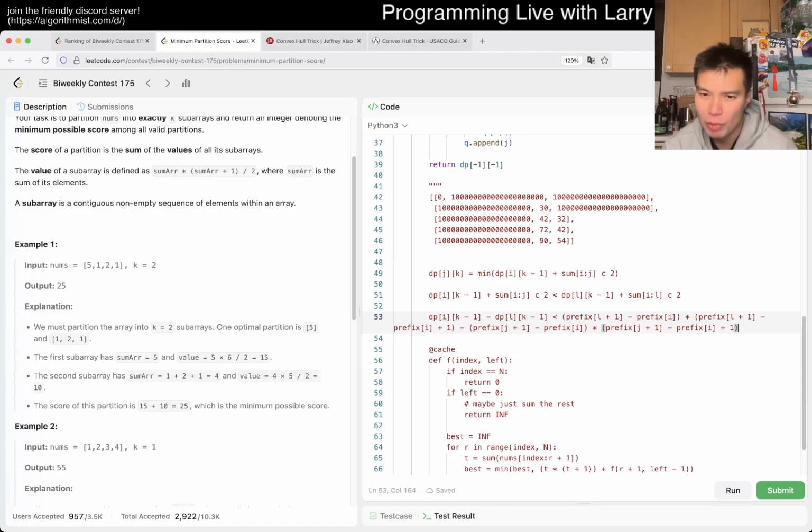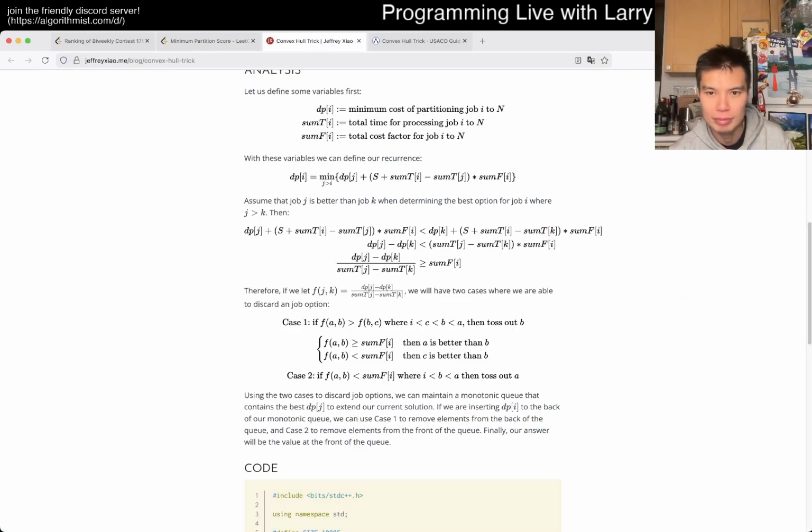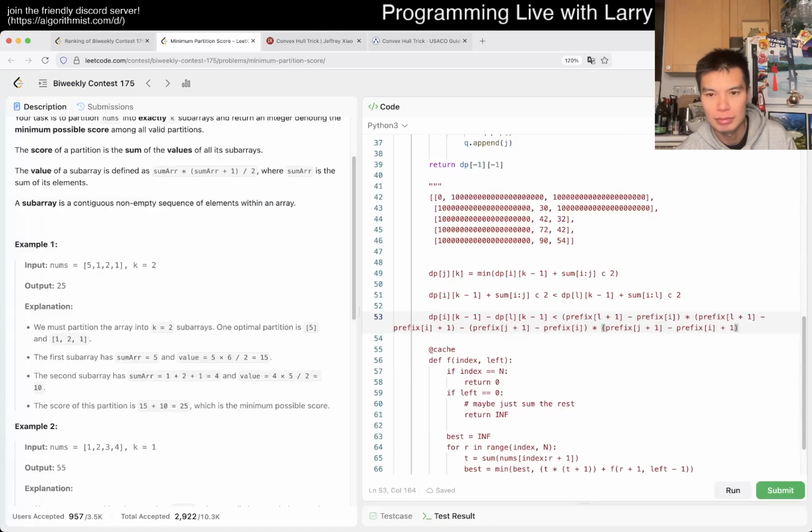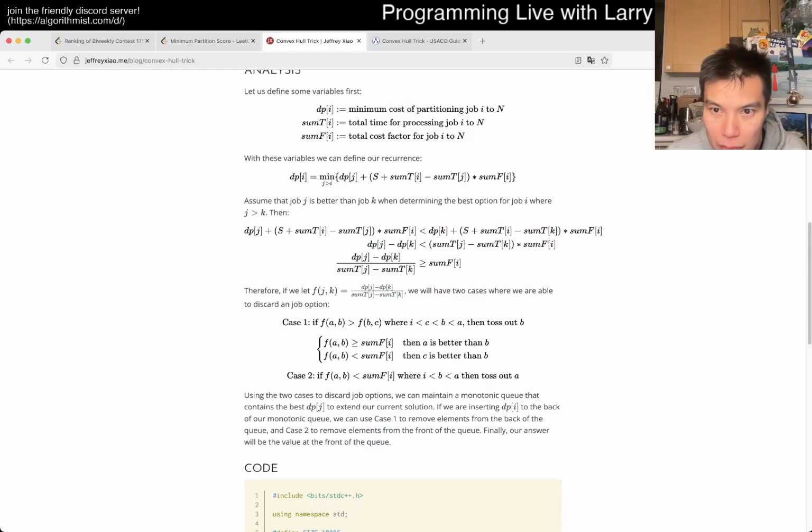And this is the part where it is tricky for me, right? Because then now what? Because here is some f of i for some reason.